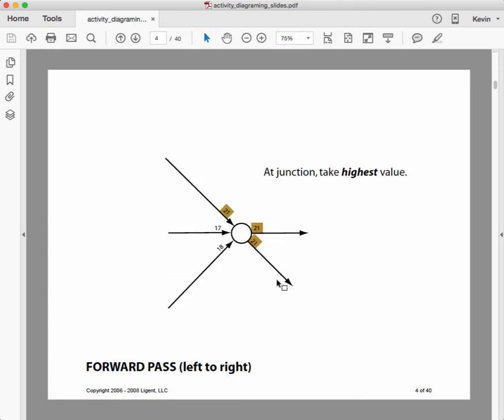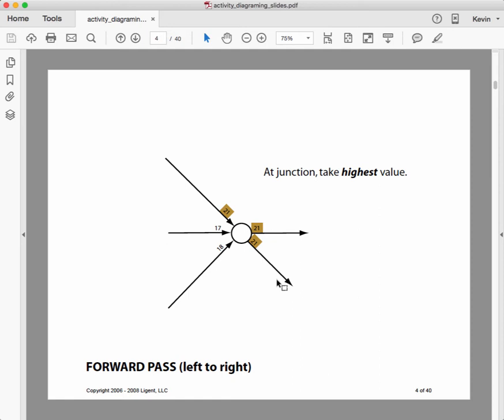So how does this work? Well, the other thing is that when we're doing a forward pass, we're doing some math. Okay? So we're trying to figure out, based upon the early finish of the tasks that are coming into this junction, what should the early start be for the tasks that come out?